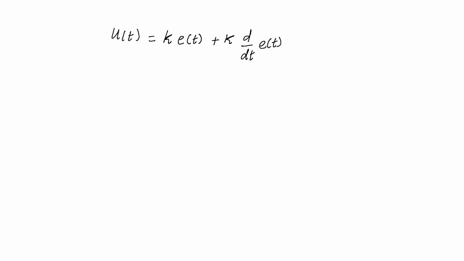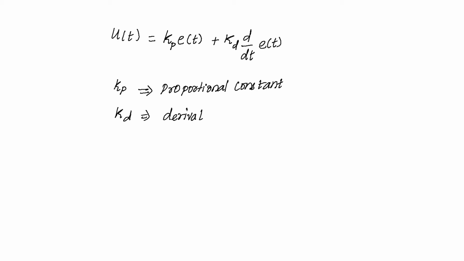In order to differentiate the two constants, I introduce them as Kp and Kd. Kp is the proportional constant, and Kd is the derivative constant.